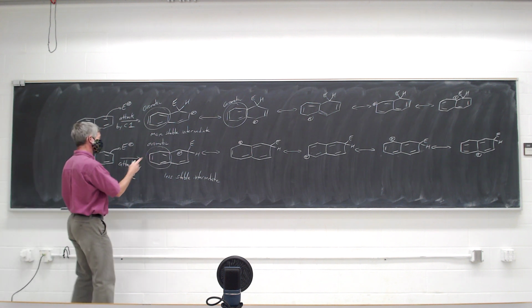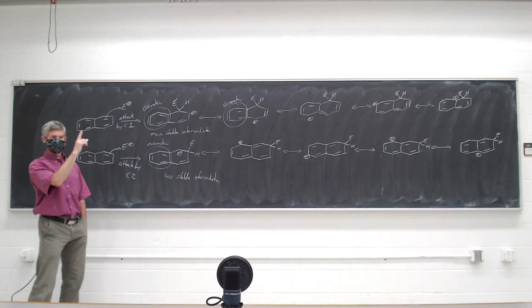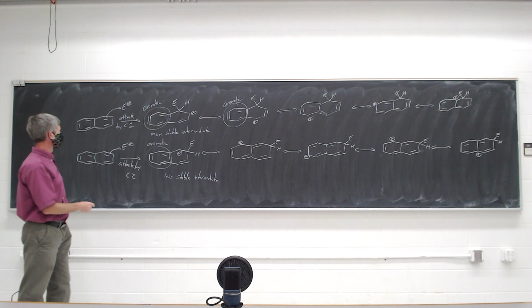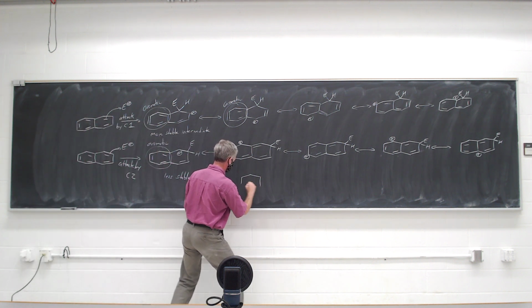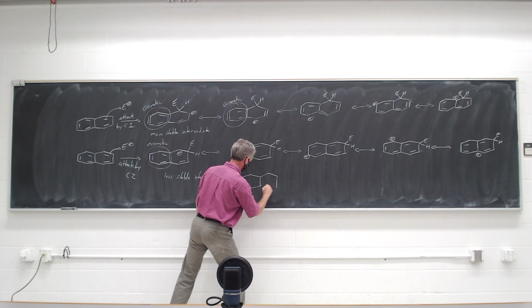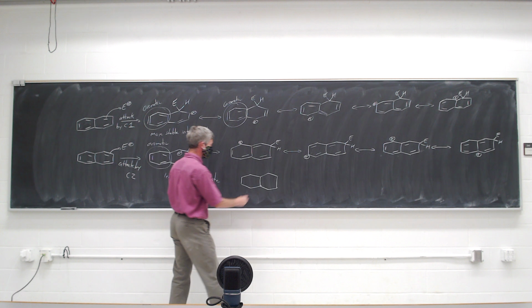If you're trying to determine ahead of time where the positive charge is likely to show up, as soon as you draw that first resonance structure, I think you've noticed that it's every other carbon. Every other carbon has a partial positive charge.